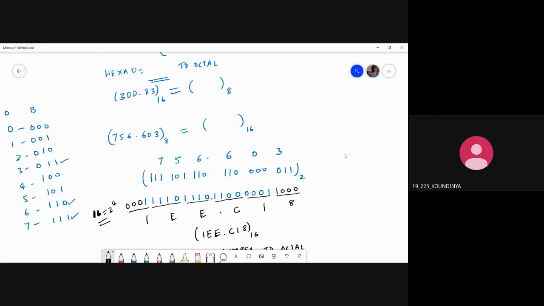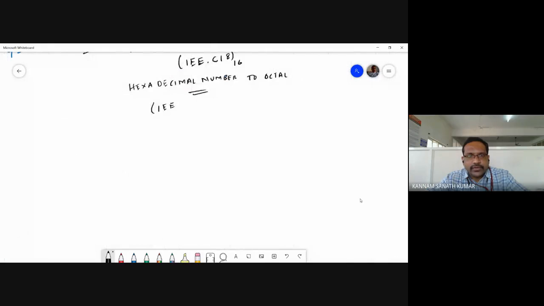Okay, sir. Okay. So here, point 318 to the base 16, I need to convert into octal. Okay. Now, 1E and .318, convert into binary. Okay, so convert into binary.